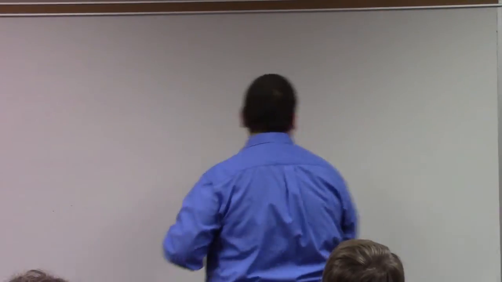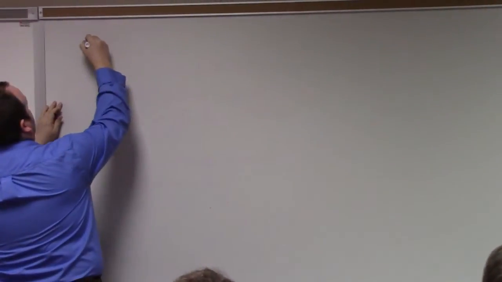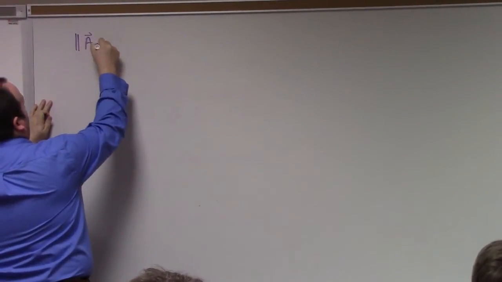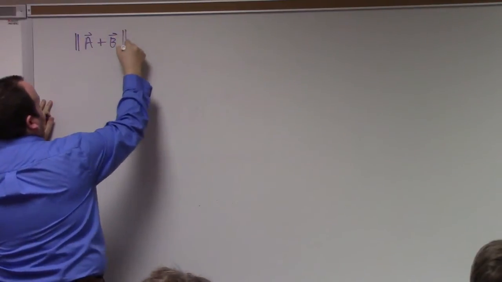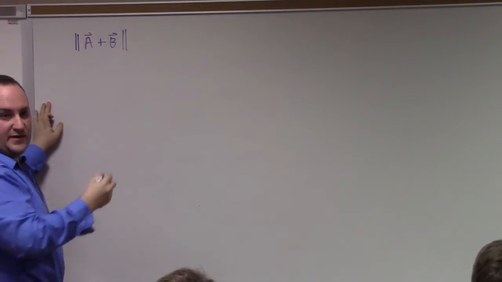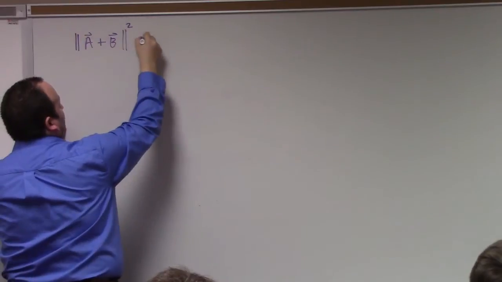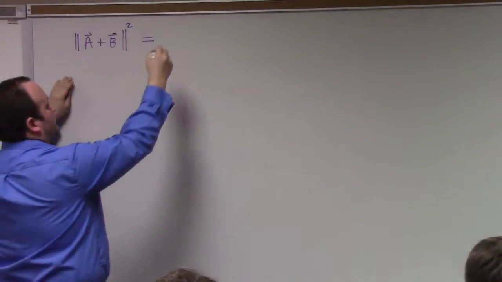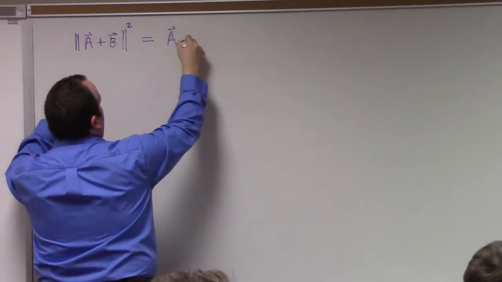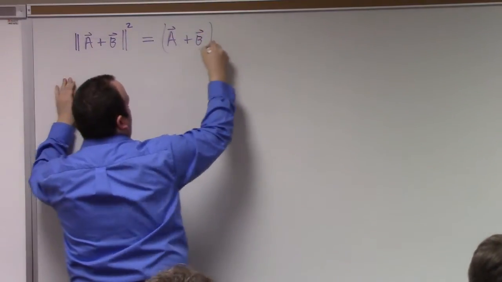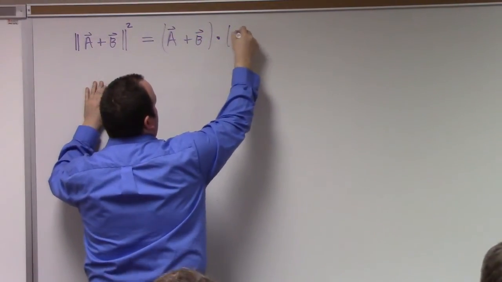Let's see, where was I? Okay, so let's look at the triangle inequality. We'll look at the norm of A plus B, and we're going to use our square trick again. Squaring it, we just take the dot product of the vector with itself.